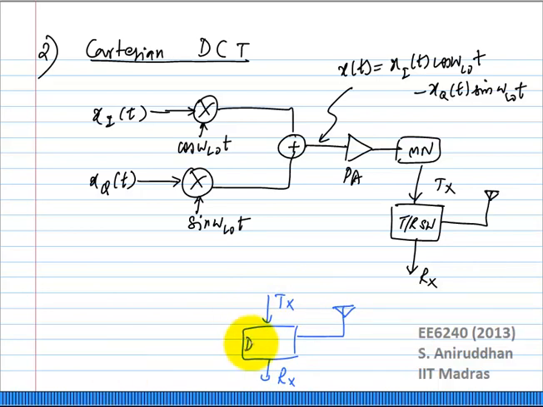So this block is called a duplexer. What this does is it allows the transmitted signal of one particular frequency to go from the TX port to the antenna port.